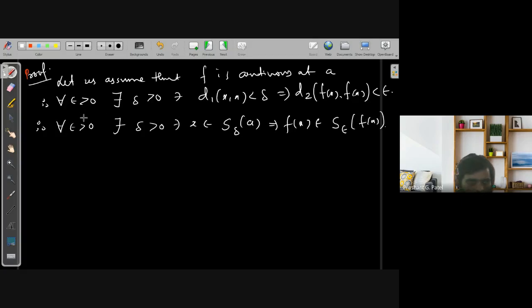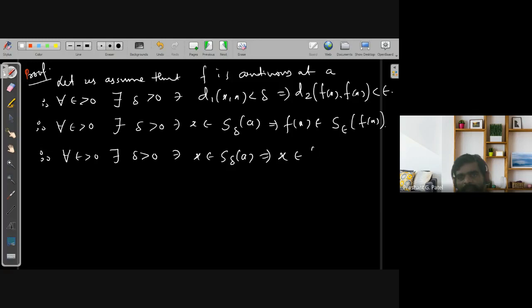So it is equivalent to write down the same thing. For every epsilon greater than 0, there exists a delta greater than 0 such that x belongs to S delta of A implies x belongs to f inverse of S epsilon of f of A. So hence we got the inverse image.